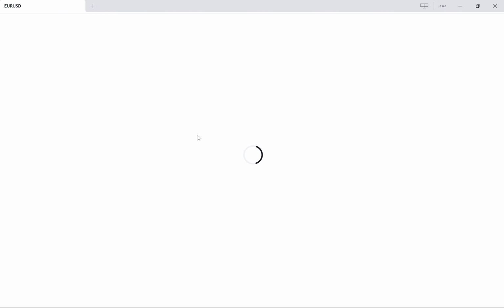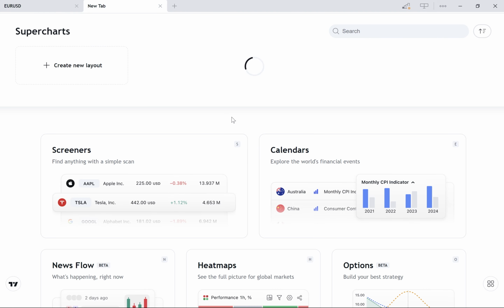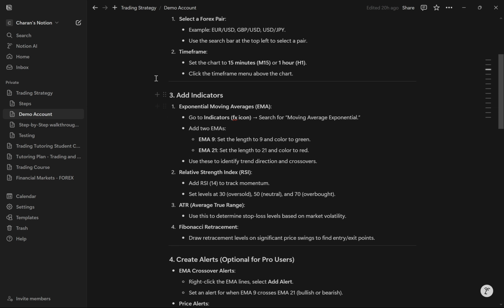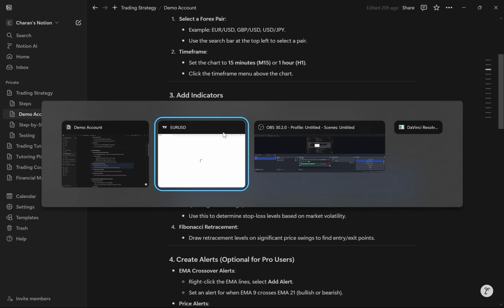What I want to do is quickly open a new layout. Right, it's taken forever to load. Anyways, we've got our exponential moving average. We've got our relative strength index, which is the RSI, the ATR, and the Fibonacci retracement.